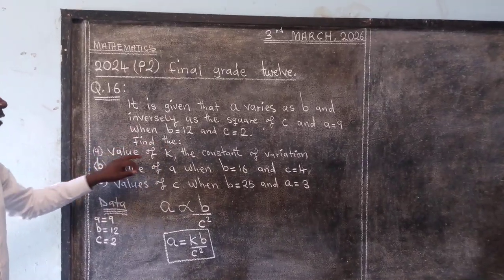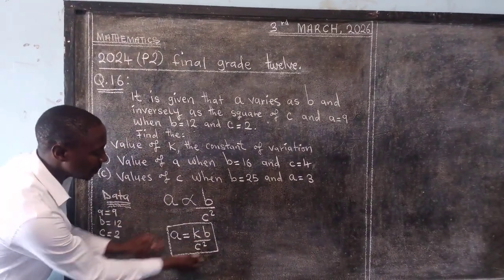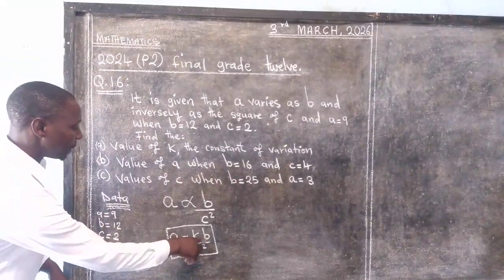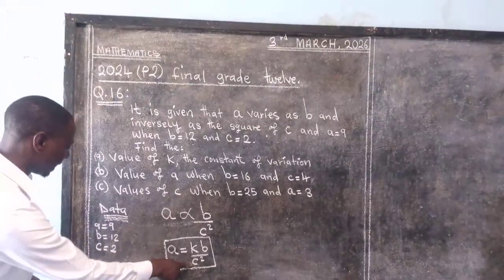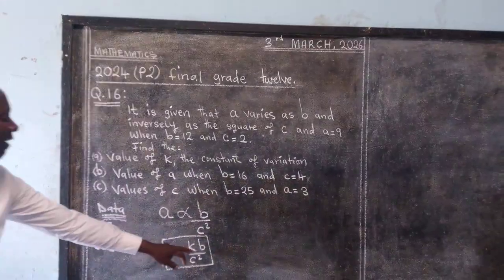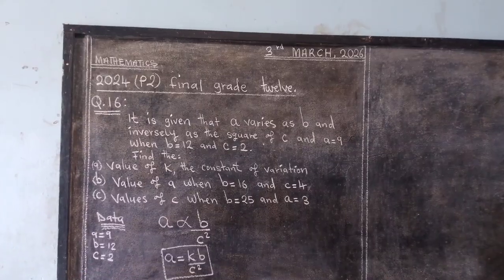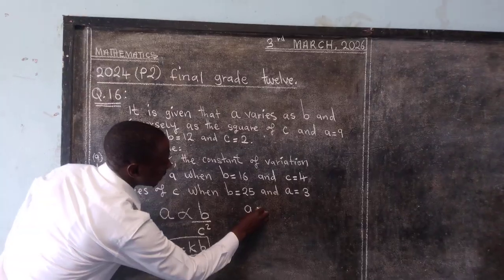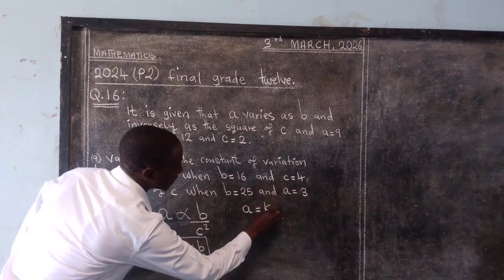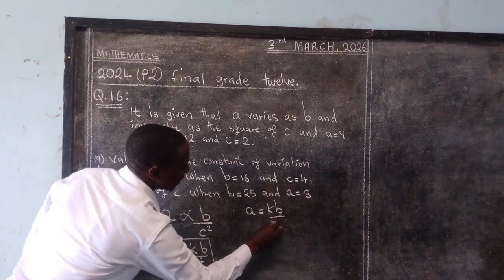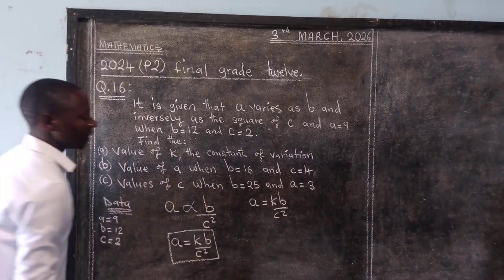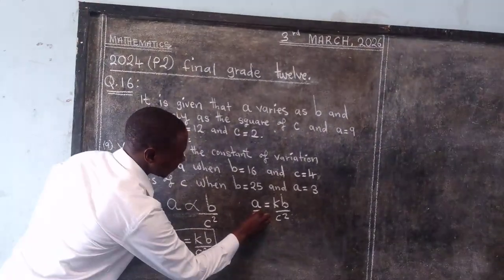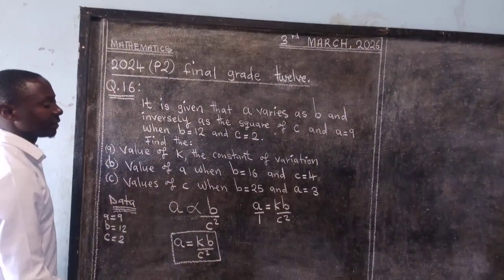Find the value of K. From the statement, A is 9, B is 12, C is 2. What is the value of K? We don't know. Let's solve it. So we are going to get our formula. A is equals to constant B over C squared. We are going to balance this one by 1. Are we together?